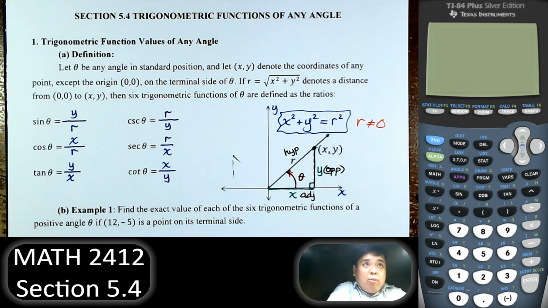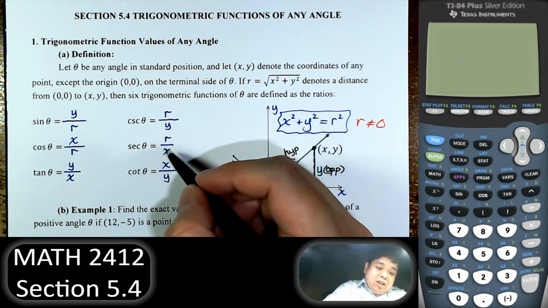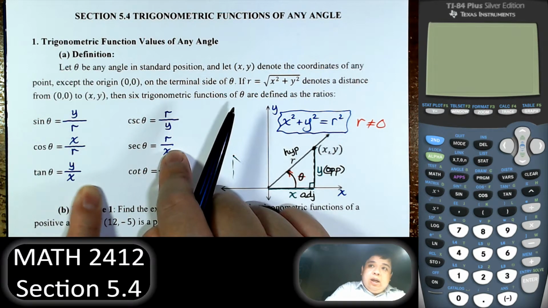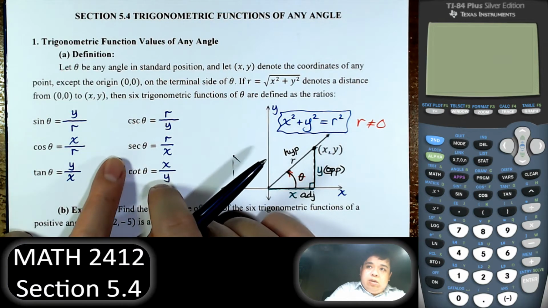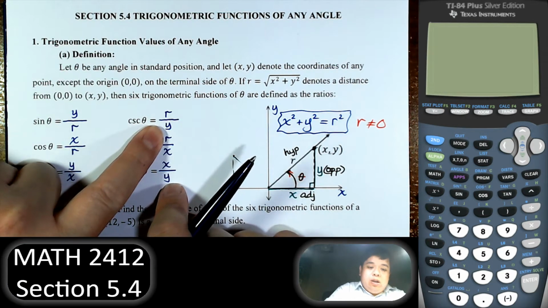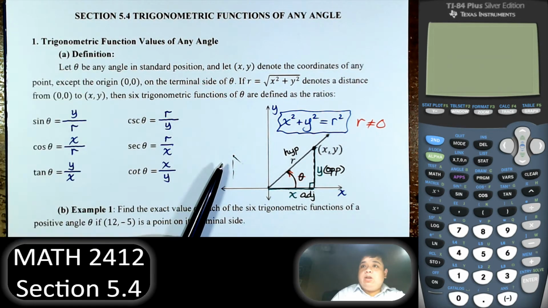But x and y can potentially be 0. If x equals 0, these two functions are undefined. If y equals 0, then those two functions are undefined.